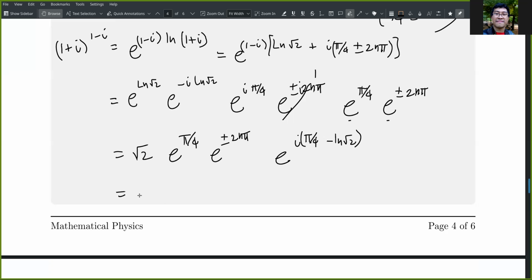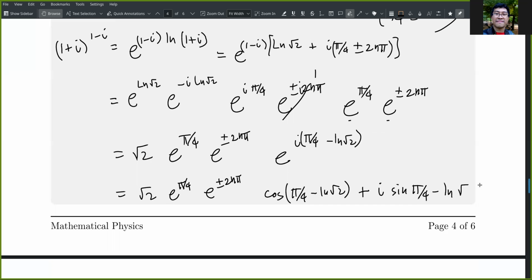Or square root of 2 e to the pi over 4 e to the plus minus 2n pi times cosine of pi over 4 minus ln square root of 2, okay, we're evaluating this, plus i sine of pi over 4 minus ln square root of 2. So that's our 1 plus i to the power of 1 minus i.